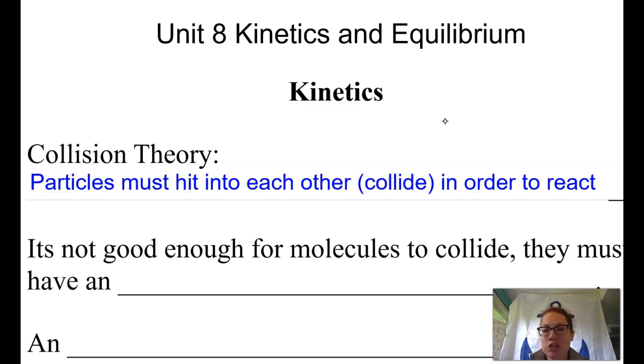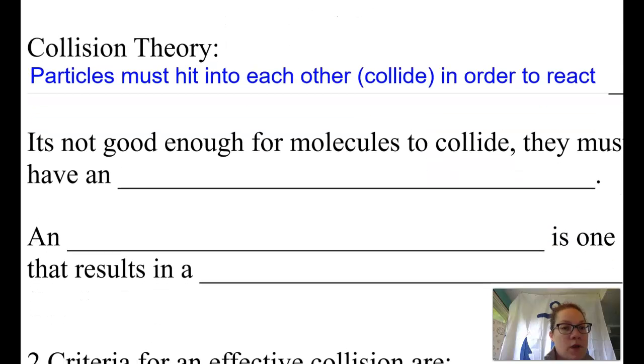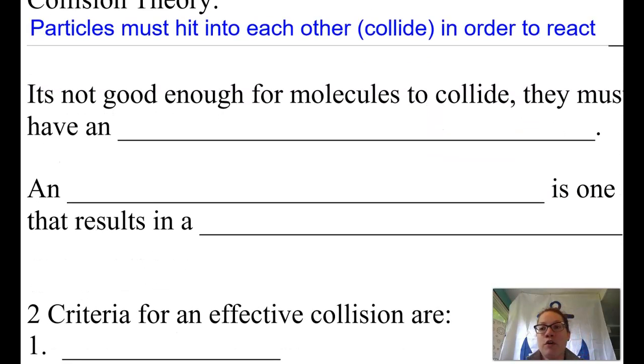Remember, a reaction is a rearrangement of electrons. So in order for particles to change their electrons, they need to hit into each other. So it's not good enough for particles to collide. They must have what we call an effective collision.